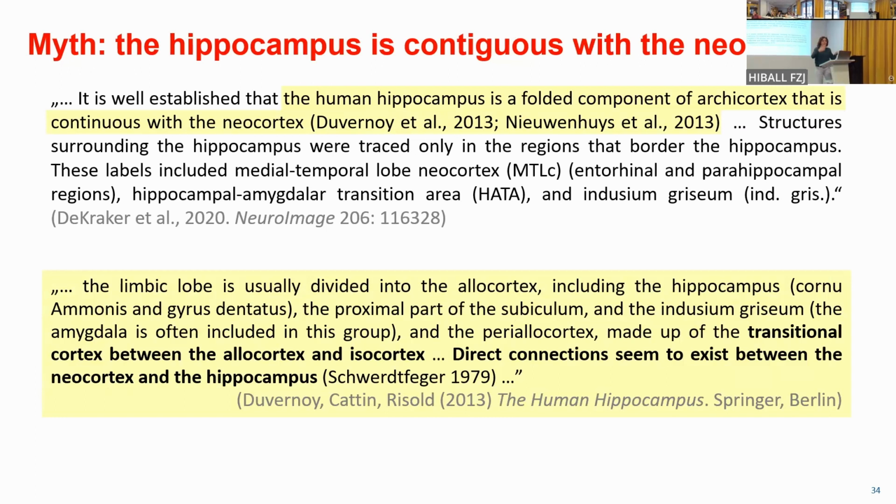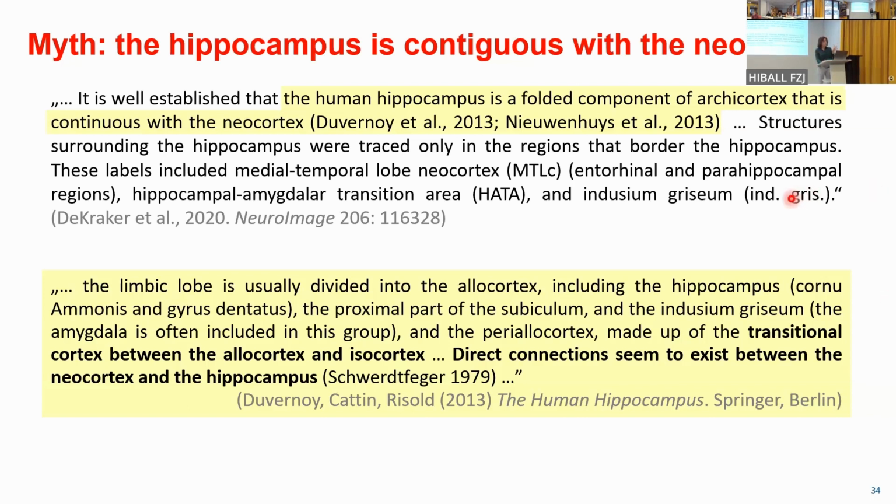But I went back to the Duvernoy, and because I've got it as a PDF file, I could just do a search. This was really, really easy for me. The Duvernoy mentions the word isocortex or neocortex 5 times. And of the 5 times that it's mentioned in the entire book, only 2 of the citations are relevant, and that's what I've got here.